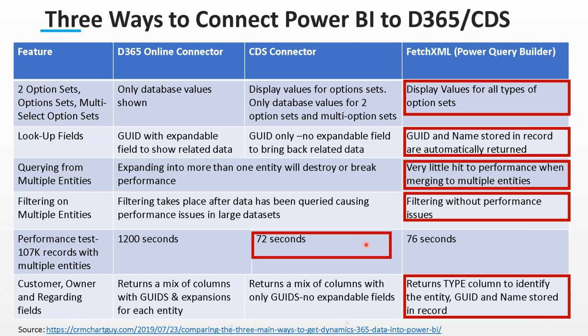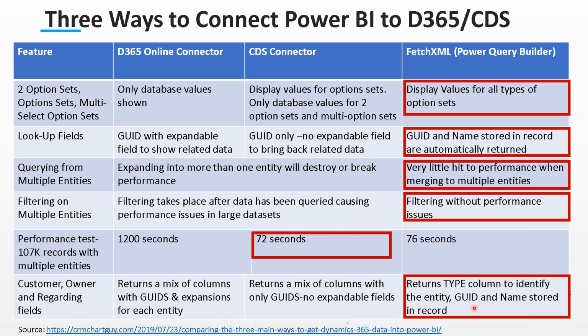And then this 4 seconds between the CDS connector and the Fetch XML is really kind of meaningless in terms of the other benefits that you get from Power Query Builder. And finally, when it comes to these weird fields, the multi-entity fields, I really prefer the way that the Fetch handles them.